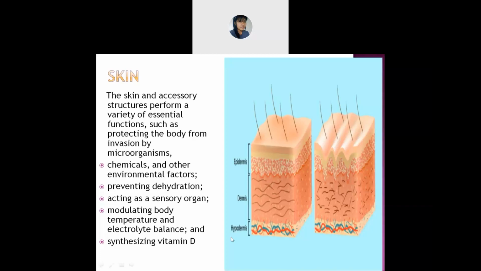The skin helps in monitoring and controlling all the ions and electrolytes to stay in a neutral, balanced form. And it also helps in synthesizing vitamin D, which is good for your skin. Is it clear, everyone? All this portion? Okay, let's move to the next.